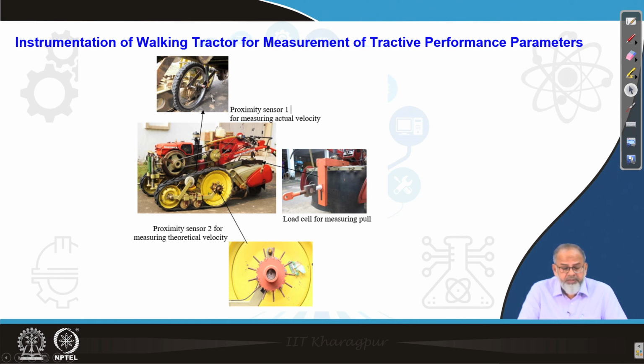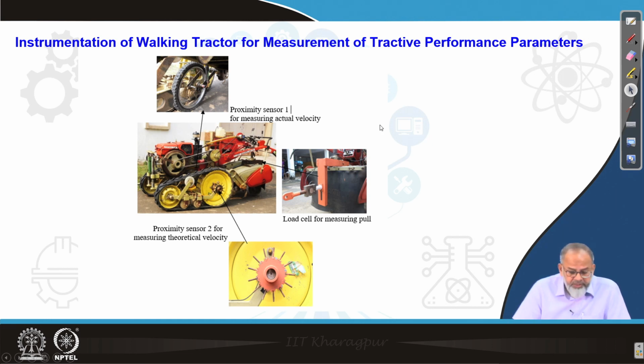That speed again has to be measured using a proximity sensor, and that will give you the actual velocity. Actual velocity and theoretical velocity will then give you the corresponding slip.